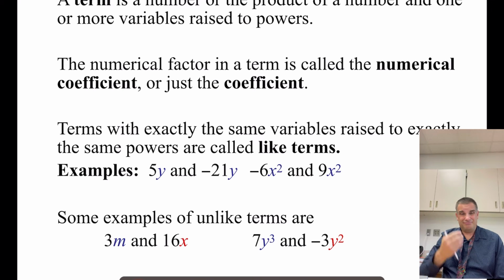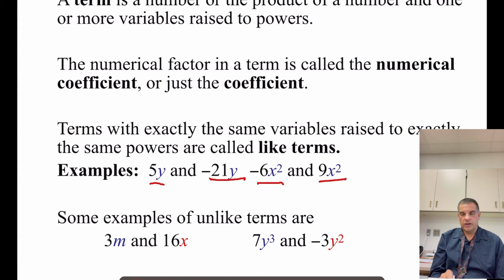So some general definitions. A term is a number or the product of a number and a variable. A numerical factor is called the numerical coefficient or just the coefficient. If two terms are exactly the same, we say they are like terms. So 5y and negative 25y are like terms since they both have y as variables.